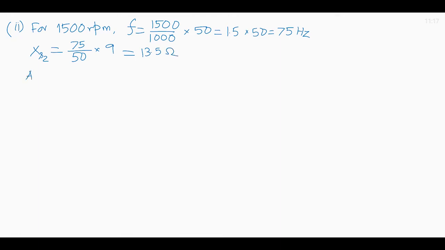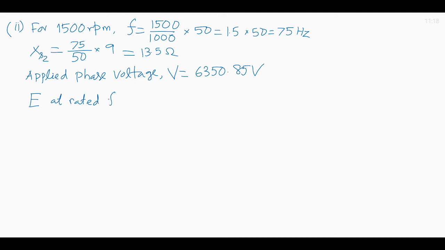Applied phase voltage, because frequency is above the rated frequency, voltage is equal to rated voltage. So, applied phase voltage is V, that is 6350.85 volt.